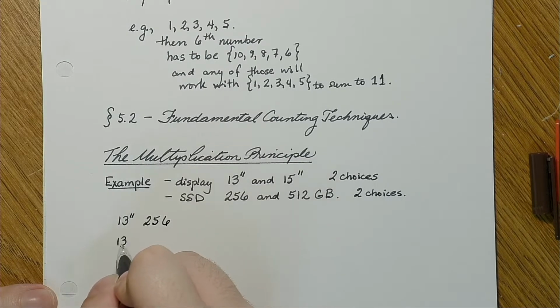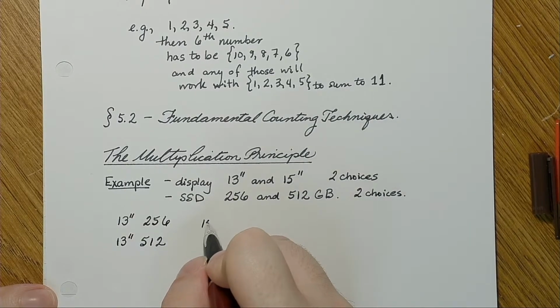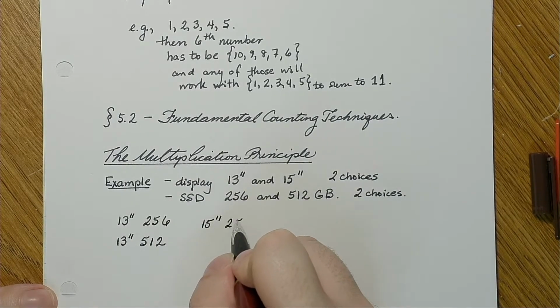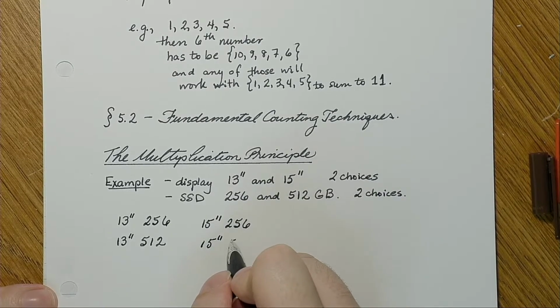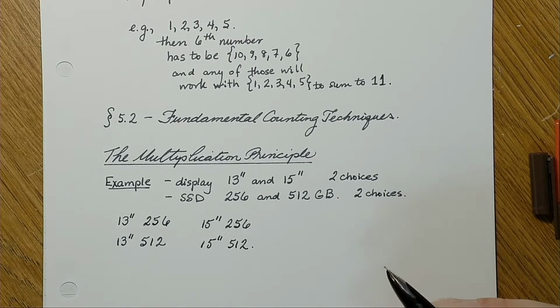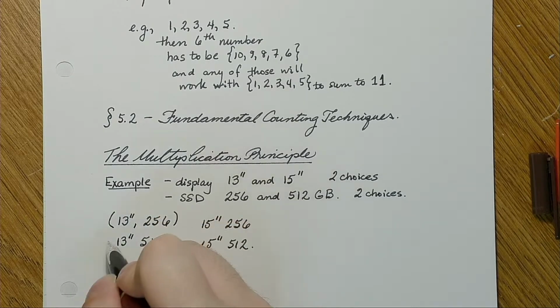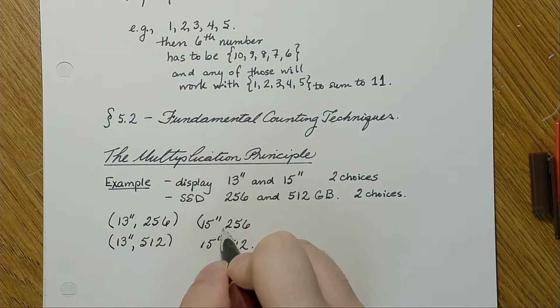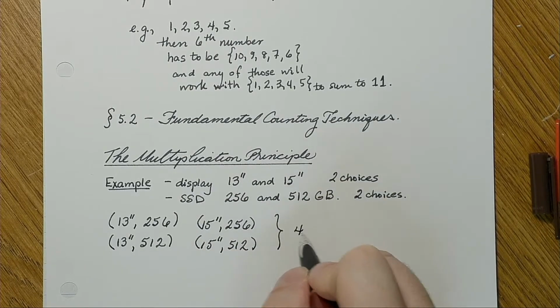I could have a 13 inch with a 512. I could have a 15 inch with a 256. I can have a 15 inch with a 512. So if you noticed what I have done, just labeling these all out, there were 4 possibilities.